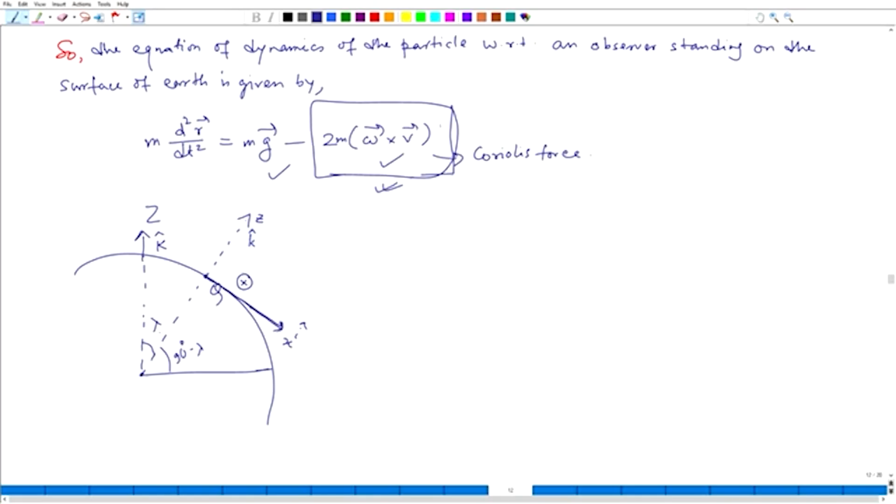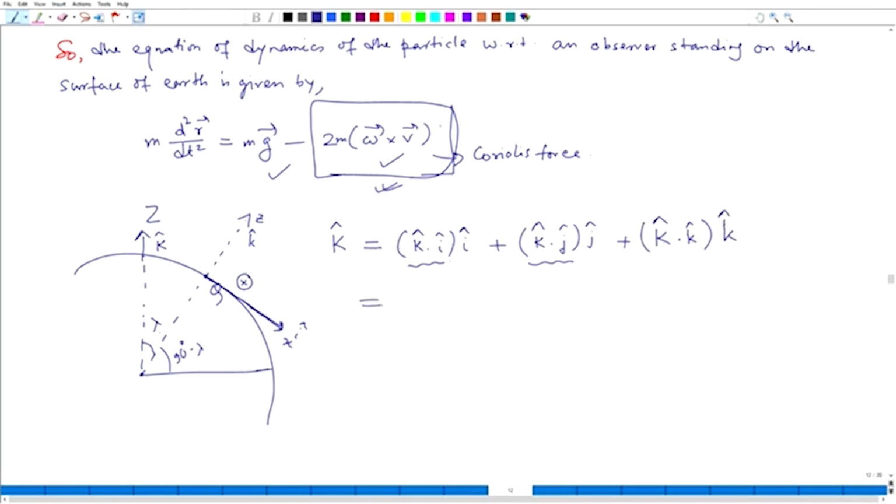If I have this, then I can write this capital K cap is exactly equal to capital K cap dot small i cap times i cap, that you always write any arbitrary vector in an arbitrary coordinate system like this, plus capital K cap dot j cap times j cap. These are simply the scalar projections of capital K cap vector in those directions. Then capital K cap dot small k cap times small k cap.